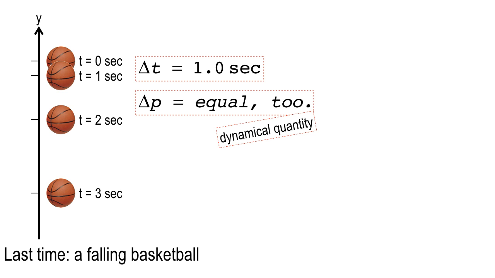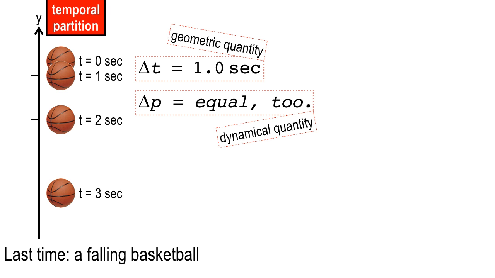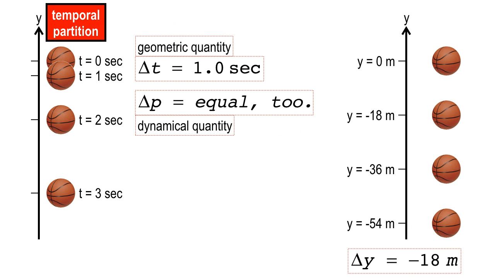And we found that for equal increments, the temporal partition for which the geometric quantity is delta t, the dynamical quantity, momentum, comes in equal bite-sized chunks. So equal time, equal momentum. Okay, and that's the temporal partition of the vertical free fall trajectory. Fairly simple one, but it's one that Galileo would have loved.